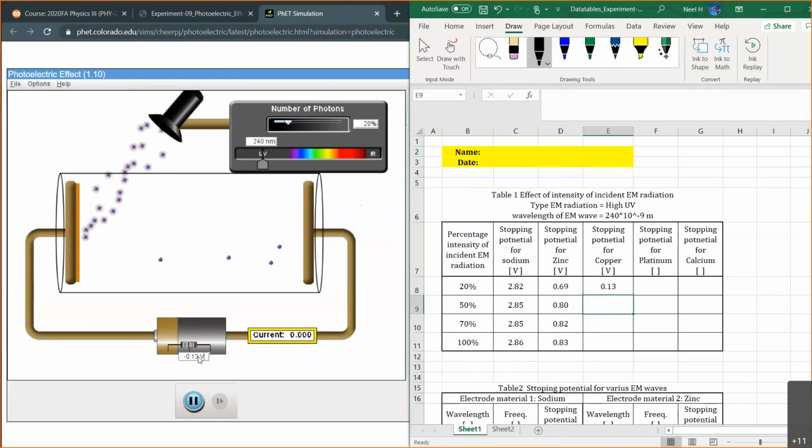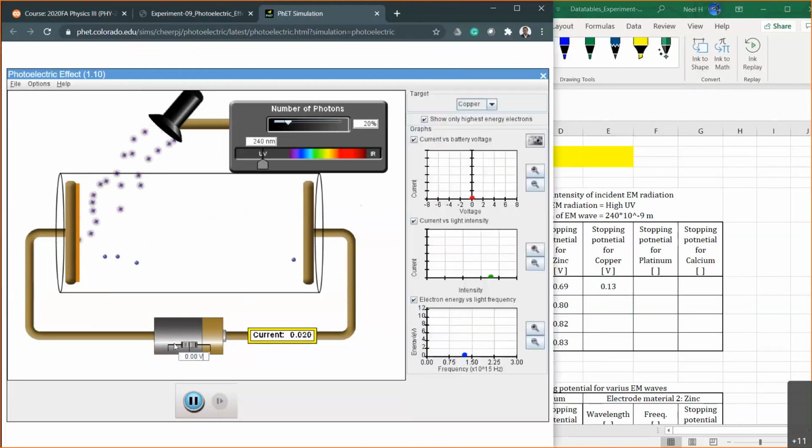Okay, let's put the voltage back to 0 and then increase this to 50%. Now you can see that's where a little bit of change actually happens: when the intensity, the number of photons hitting, is about 50% or more, the amount of current it can emit remains constant. But if it is less than that, it seems to be slightly changing, right?